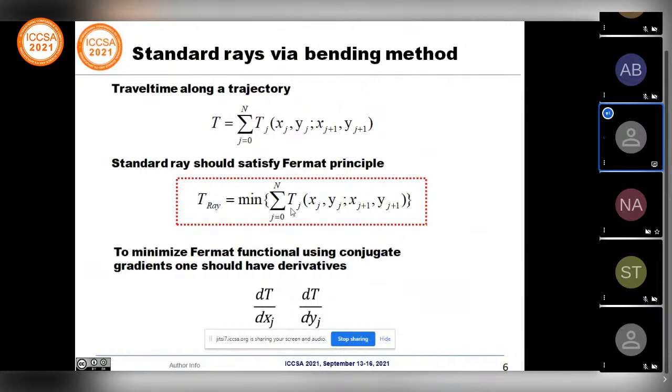Minimization of the cost function may be performed using any known nonlinear conjugate gradient method, any variants, and so on. To apply any conjugate gradient approach, one needs to provide two functions. One function calculates the cost function, travel time, and also we need to calculate the gradient. It means derivatives of travel time with respect to intersection points.